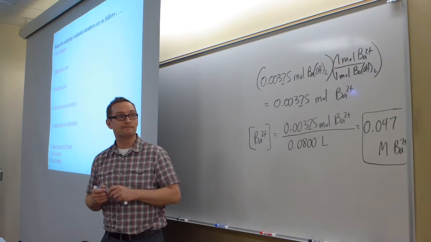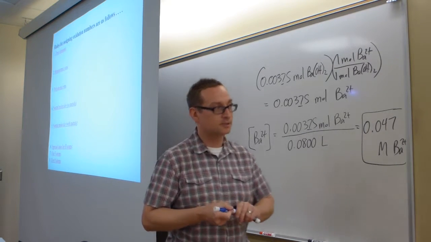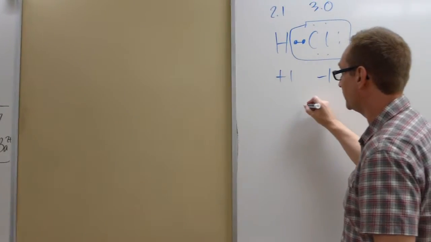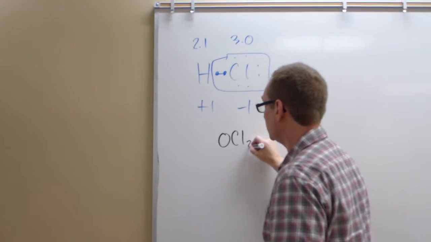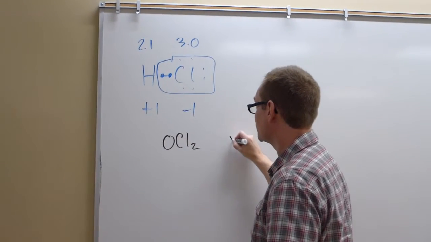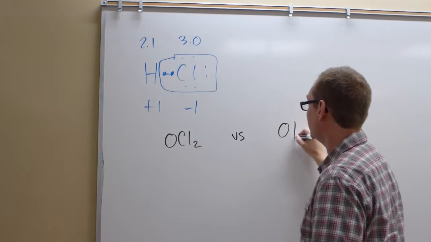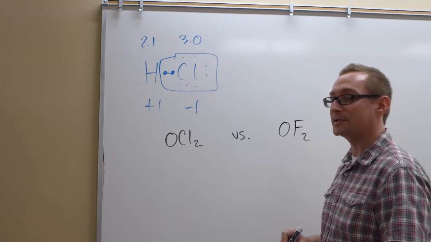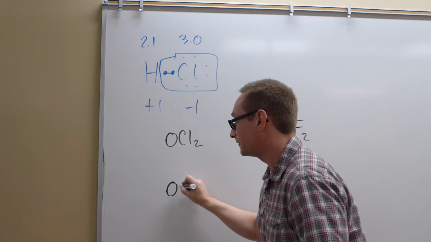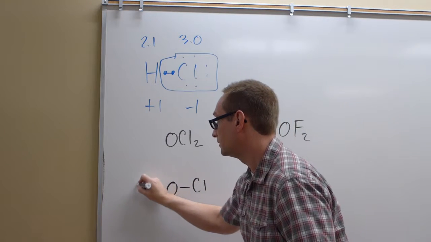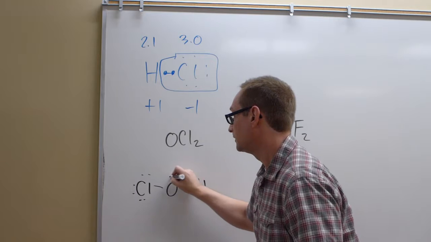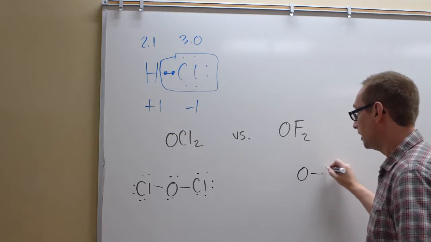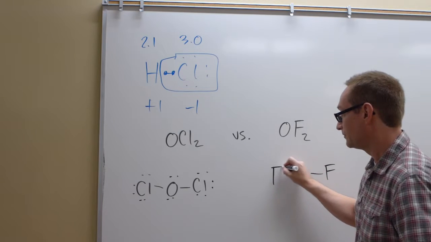Okay, let me do something a little different here. Let's compare OCl2 versus OF2. Let's compare the oxidation numbers. Well, if I did a Lewis structure for it, OF2 is the same thing.